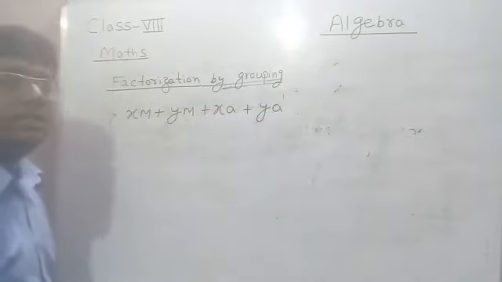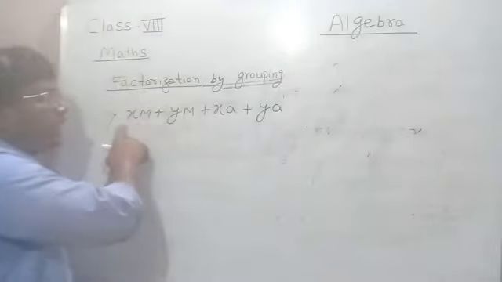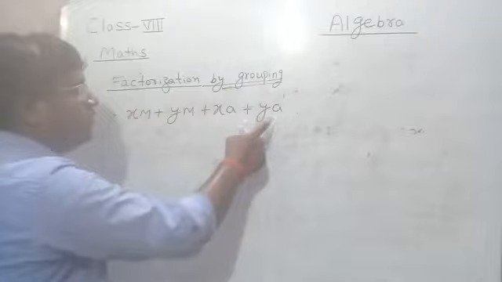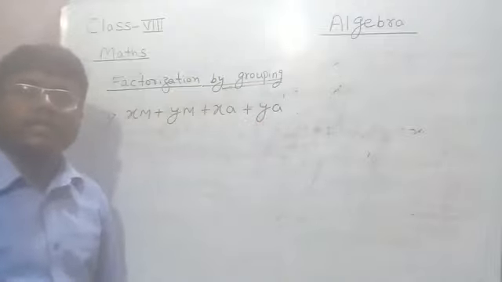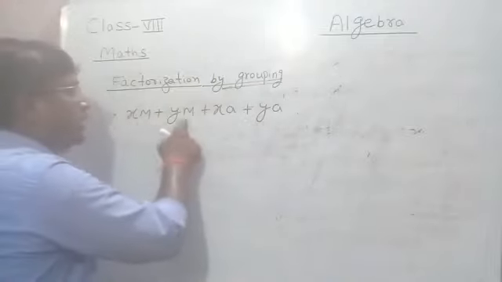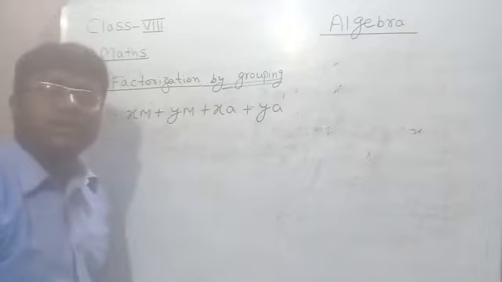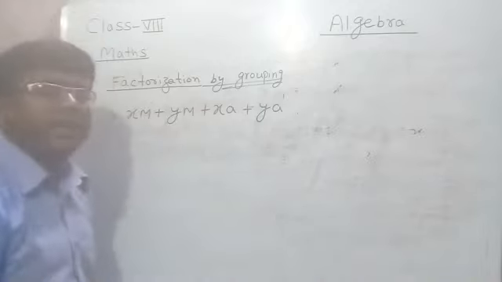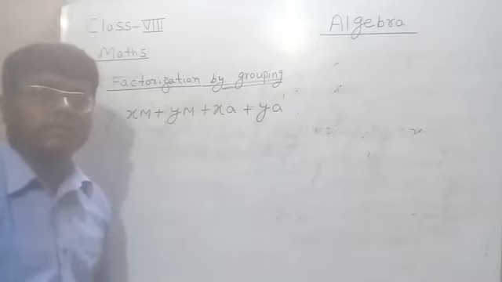In this question, is there anything common in all the terms? There are how many terms? 1, 2, 3, 4. Four terms are there. Is there anything that you can take common from all four terms? Let's see. No, we cannot take anything common from all the terms.